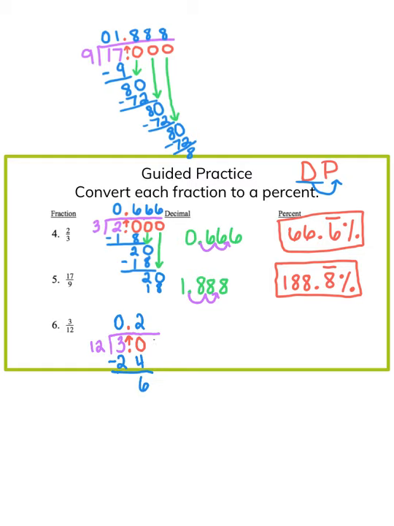So in order to move on, I need to add a 0 to my dividend and then bring it down. 12 can go into 60 5 times exactly. 12 times 5 is 60. So now when I subtract, I'm left with a remainder of 0. So my decimal for 3/12 is 25 hundredths.